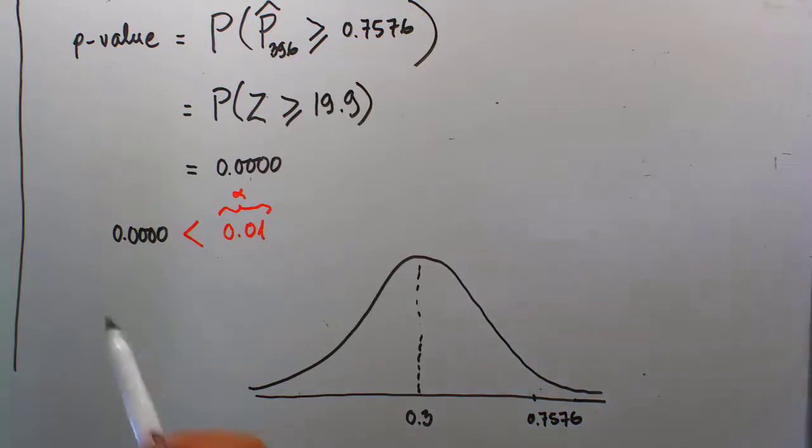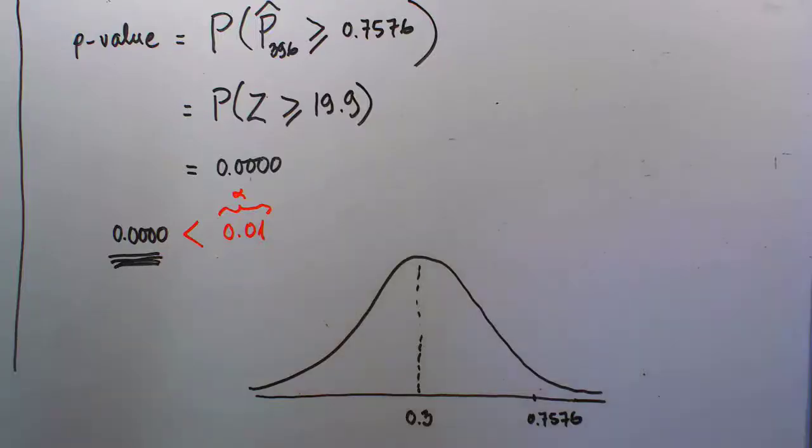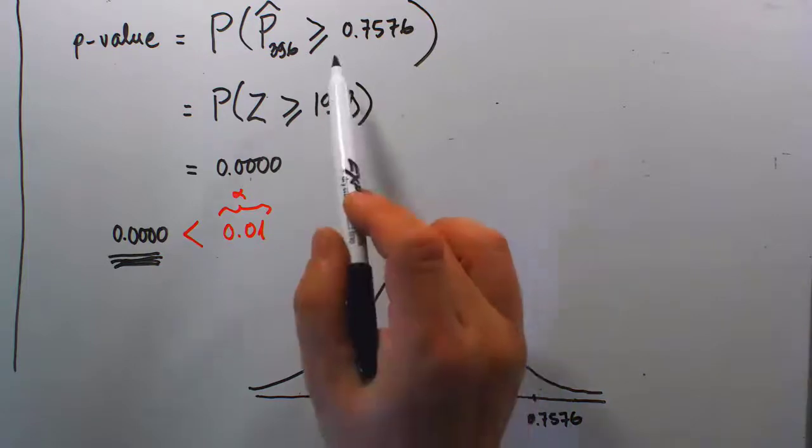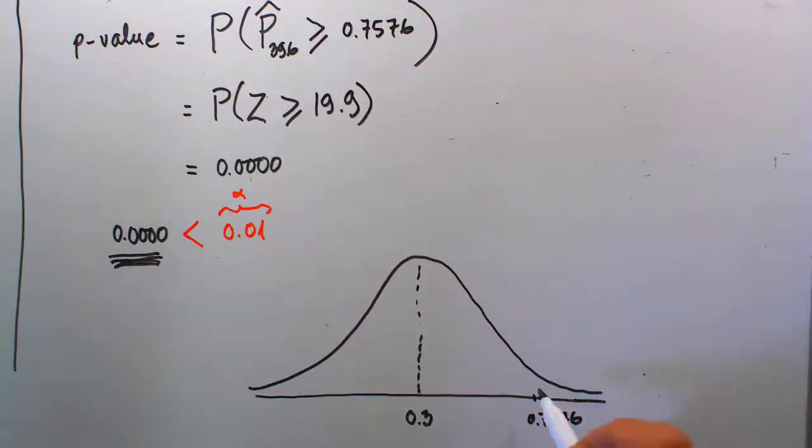And so the p-value we have calculated, anyone viewing the video at this point should be well aware about the meaning of this calculation. This probability on this bell curve is graphically the shaded area to the right hand side of 0.7576. So from where our sample is, 0.7576, we have a p-value which is in black, shaded right here.